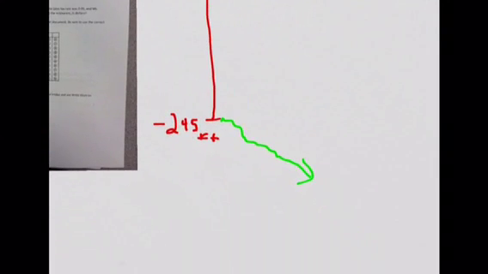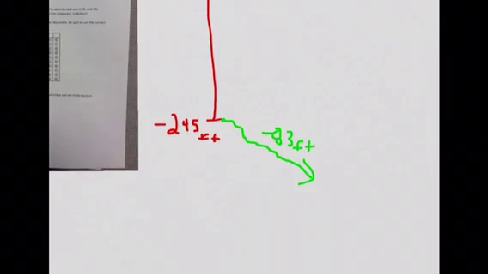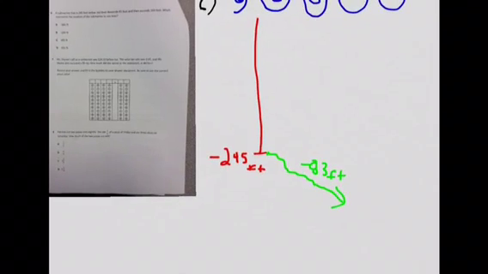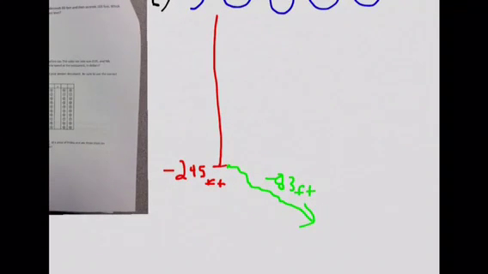So this part right here, we're going to subtract 83 feet. And then finally, we're going to ascend 103 feet. So we go up. It's a little bit farther than the 83. So it's probably going to be above the negative 245. And we're going to ascend 103 feet.